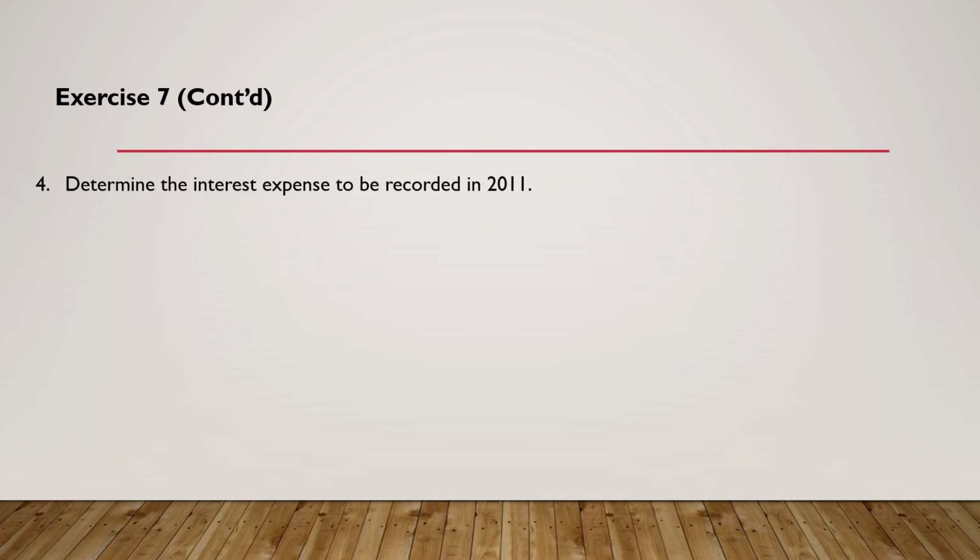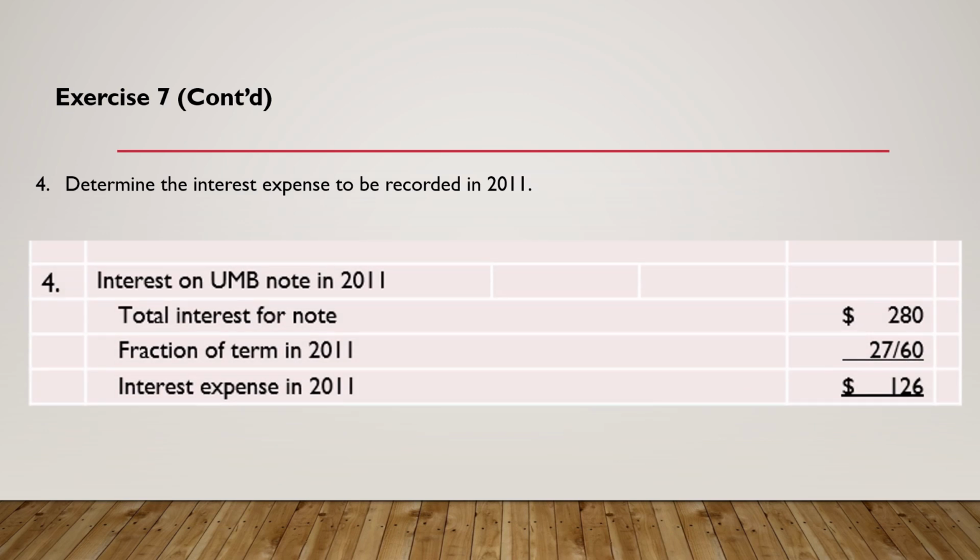As we just said, I'm going to multiply the total interest for the note, which is $280, times the fraction of the term in 2011, which is 27 days over 60 days, the term of the whole note, which gives us the total expense in 2011, $126.